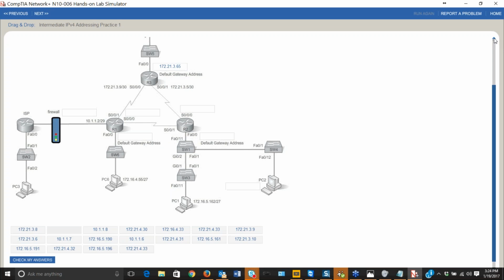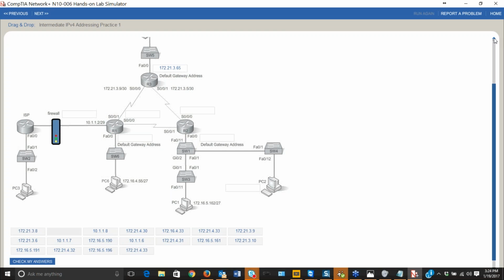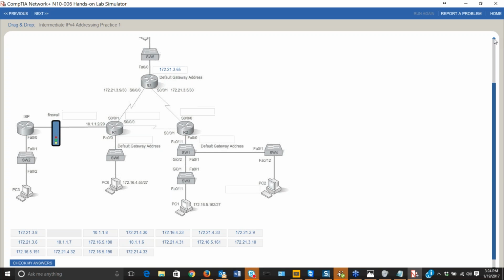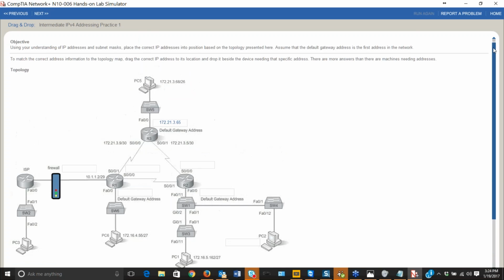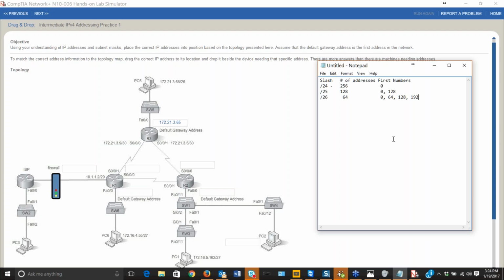Okay, does that first thing, the last address in the block, is a broadcast, Paul? Yes, it is. Let's make sure it's the same lab here. There we are. Now, some of you are thinking, man, this takes a long time. Well, if you practice enough before you take the test, it won't take you that long on the test.